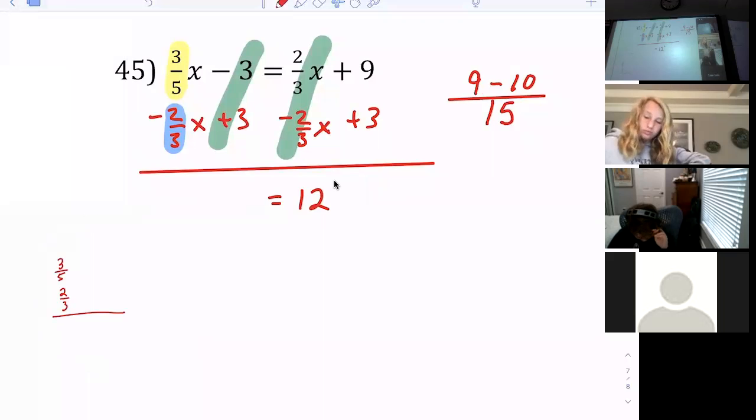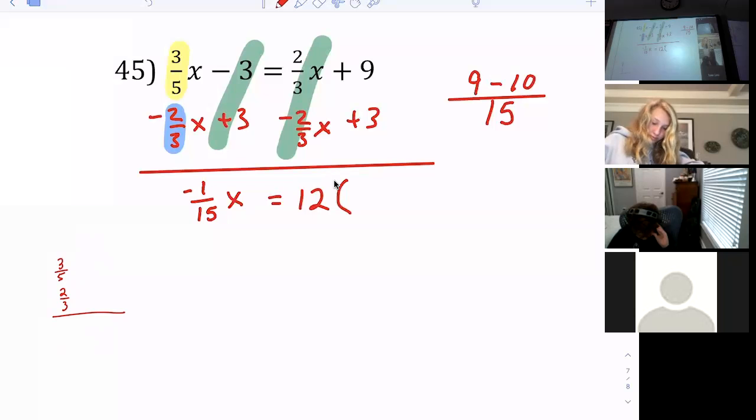9 minus 10 is what? So now I have negative 1 over 15x equals 12. Everybody happy with that? Now, again, fraction. Multiplied by the reciprocal. 2,000 times now we've done it. Multiply by the reciprocal. So I'm going to multiply both sides by what?